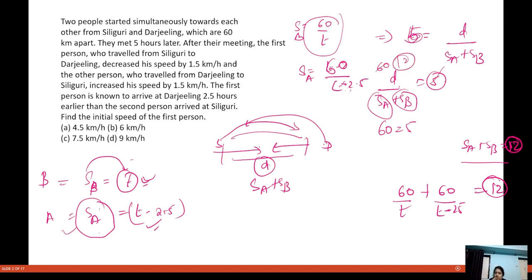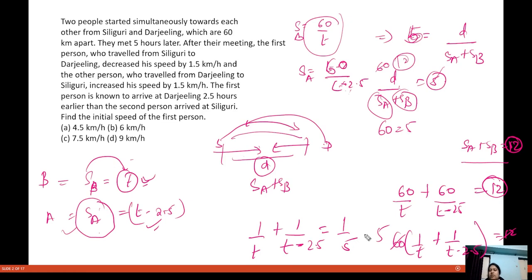Now I hope from here you can find t. Because see what will happen, you will have 1 by t plus 1 divided by t minus 2.5 is equal to 1 by 5.